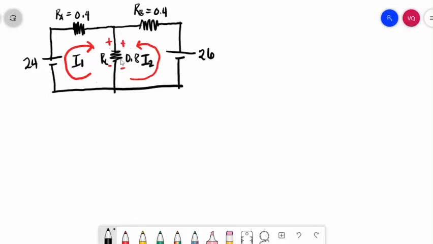So, the sign in your RL will be at the I1 side, positive, negative, and also at the I2 side is positive, negative. So, how will you determine the sign here if there are two loop currents acting on a resistor?